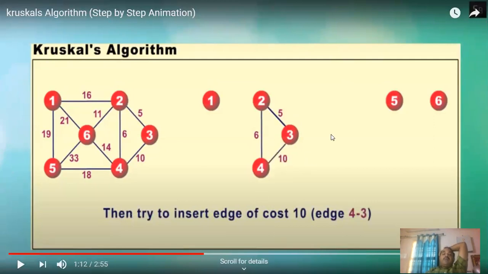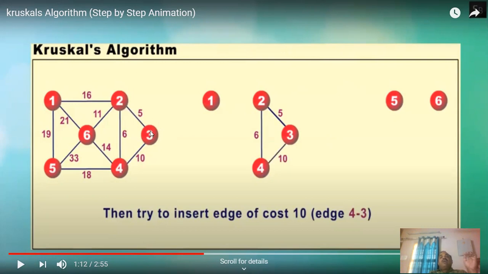What is our aim, all of you? To find the minimum cost spanning tree using Kruskal's algorithm. In Kruskal's algorithm, first, remember, start with the weights of edges from lower to higher, ascending order.